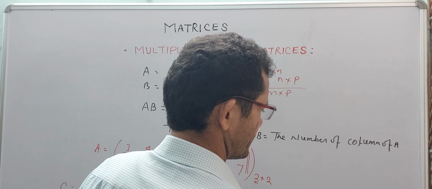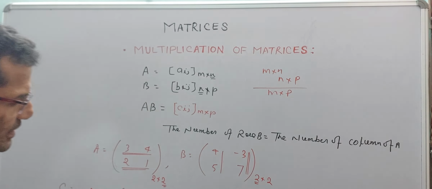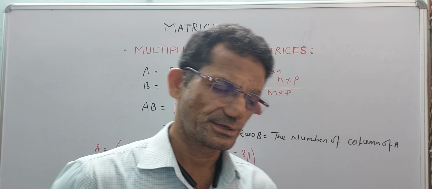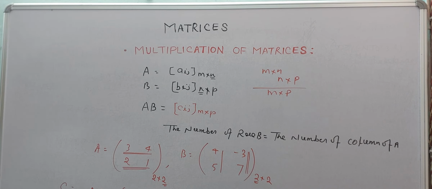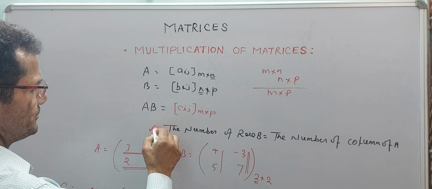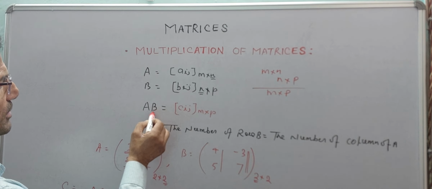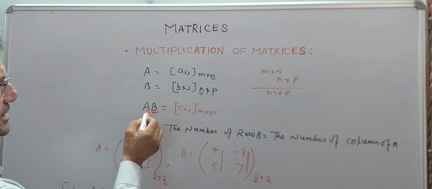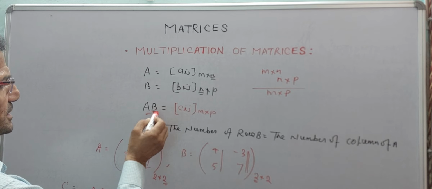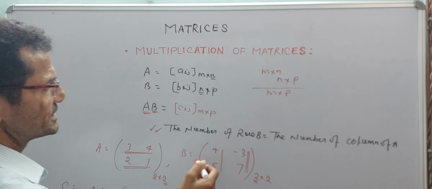So in this way we get a 2 cross 2 matrix. So this is necessary for matrix multiplication. If you multiply two matrices, this condition should hold: the number of columns of matrix A should be equal to the number of rows of matrix B. So this is the necessary condition.